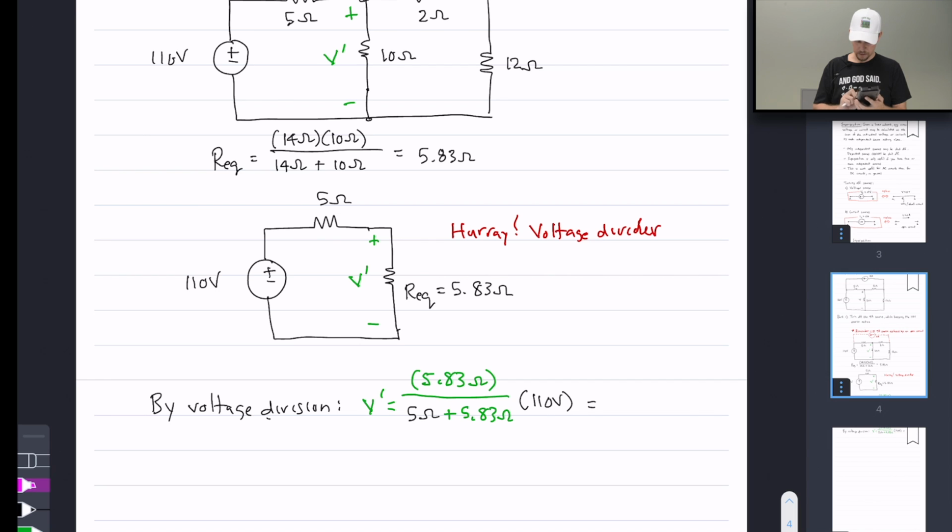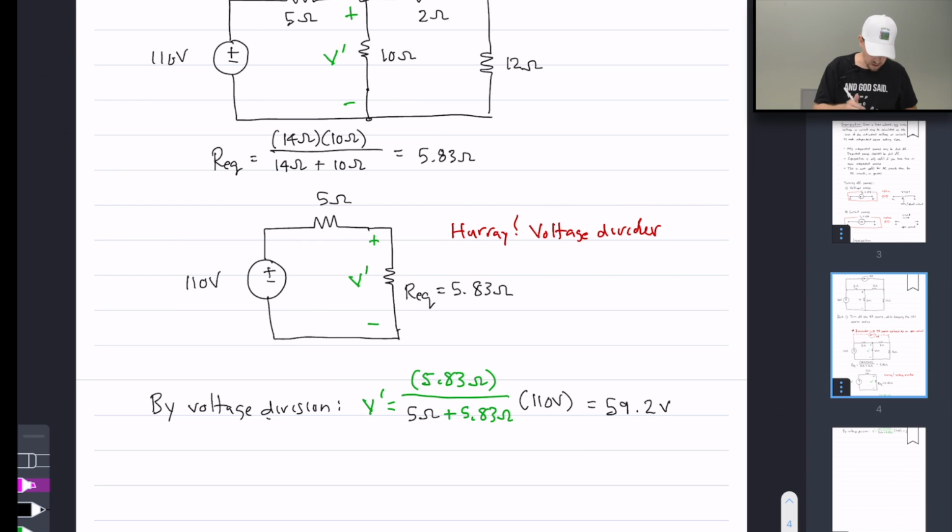So 5.83 times 110 divided by, this is 10.83. And this gives us a total voltage of 59.2 volts. Now, there are more digits that go along to this, but I'm just getting at least the first few.